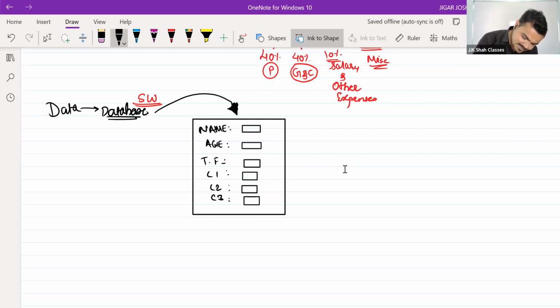This database is running inside the software. Now the software is already given with predefined conditions. So the software will identify whether all these conditions are getting fulfilled or not.